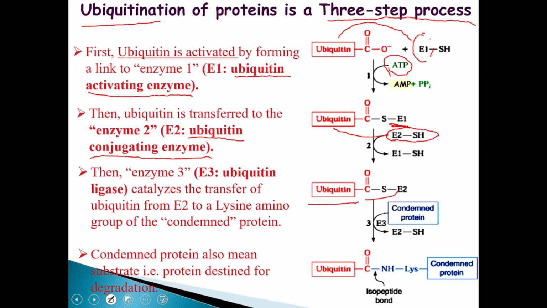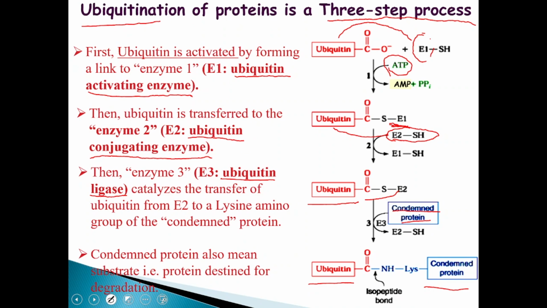And then the third enzyme comes, which is called the ubiquitin ligase enzyme, E3. This E3 enzyme is already attached to the protein that needs to be degraded. The protein that needs to be degraded can be called a substrate and it can be called a condemned protein. Both mean the same thing. So the condemned protein or substrate is attached to E3 already, and then E3 brings about binding between ubiquitin and the condemned protein.